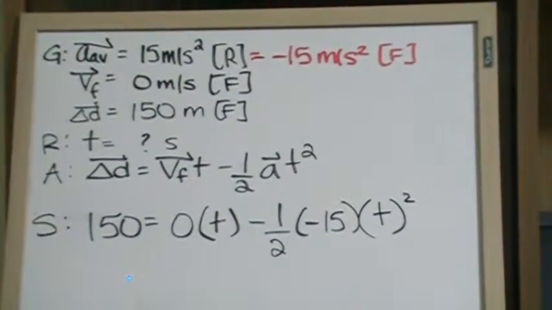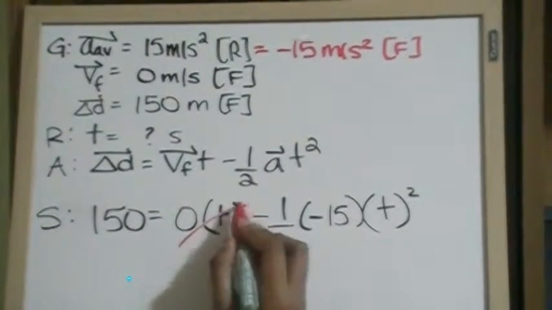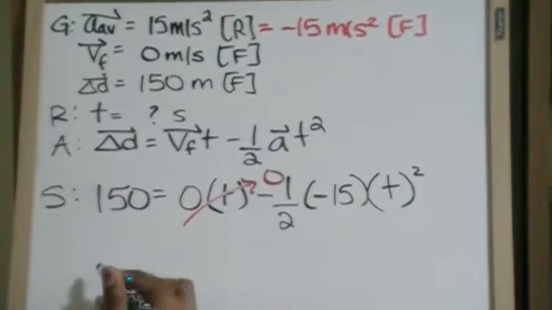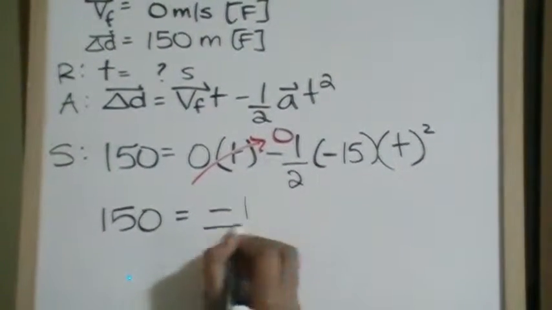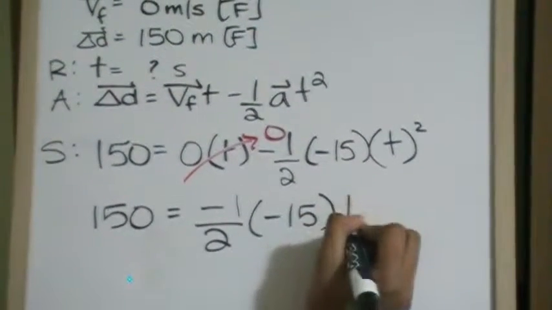Now, what we know right away is that this part over here is automatically 0. So in our next line, we can ignore that. So we now have 150 is equal to negative half and negative 15 t squared.